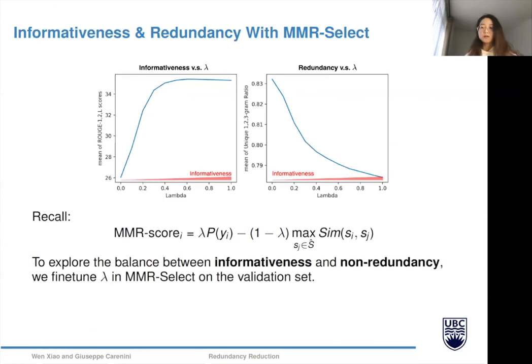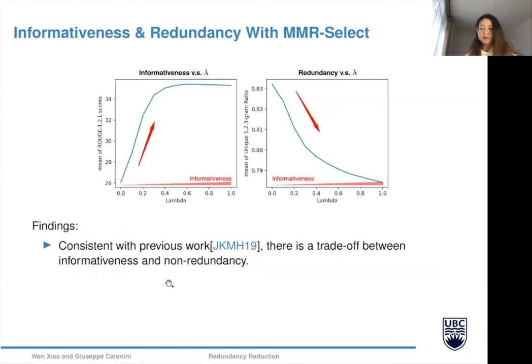Before we go through the overall performance, let's explore the informativeness and redundancy. Recall that MMR Select is designed to balance between informativeness and redundancy. Then what should the balance factor be? We did experiments on the validation set, exploring the informativeness and redundancy with different weights.